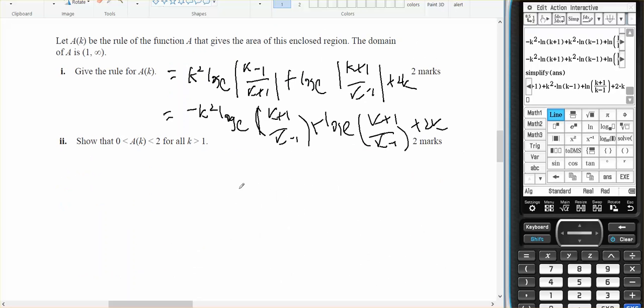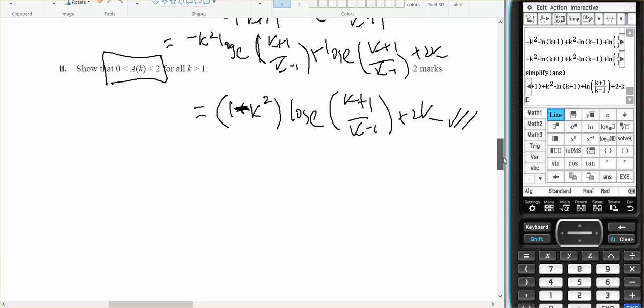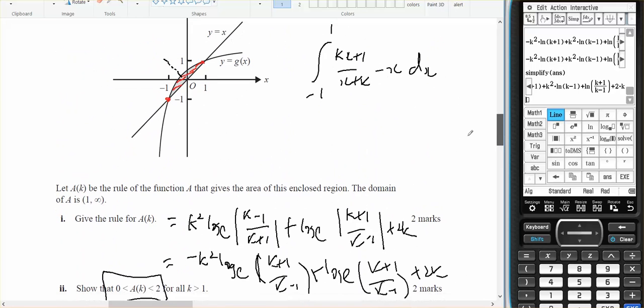And I can combine these two together and get (1 plus k)(1 minus k squared) log base e of (k plus 1 on top of k minus 1) plus 2k, and show that this is going to be the value of A of k.